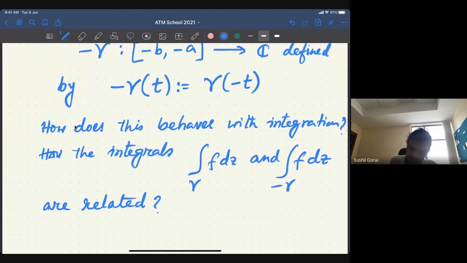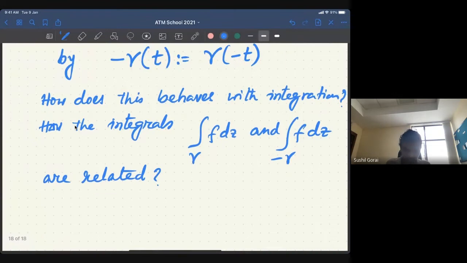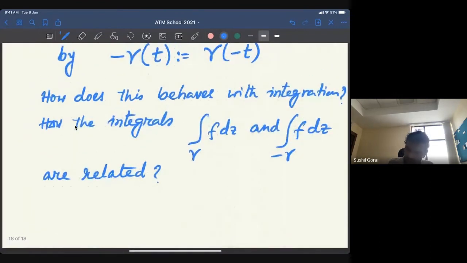So this is the same question, right? So let us answer that. This is of course very simple.